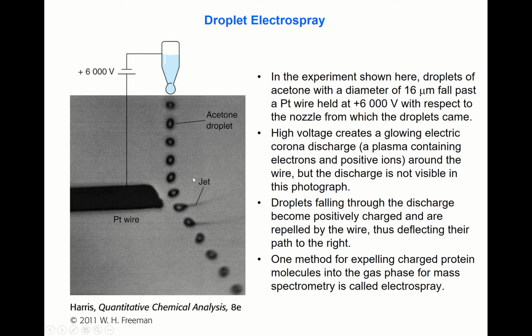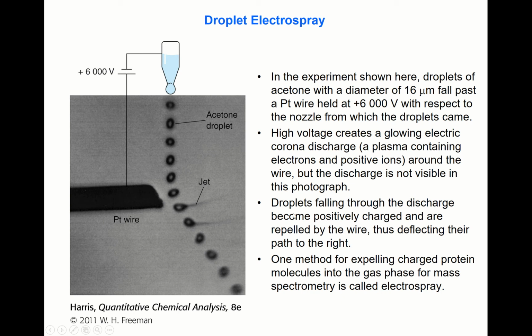So this plasma, this corona discharge, makes the acetone droplets positively charged, and the droplets fall through the discharge. But the discharge is not visible in this photograph.